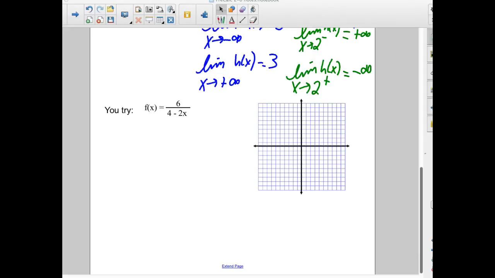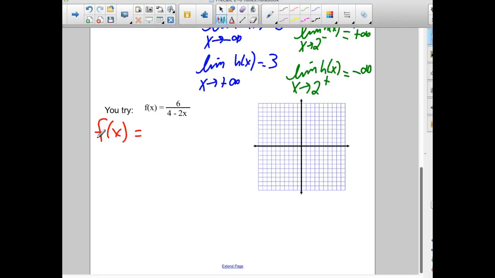All right, my suggestion was to factor the denominator, yes? Factoring the denominator, what can I take out of this? I can take a 2 or negative 2. Why would it be better to take a negative 2 out? You already have your x being positive, right?